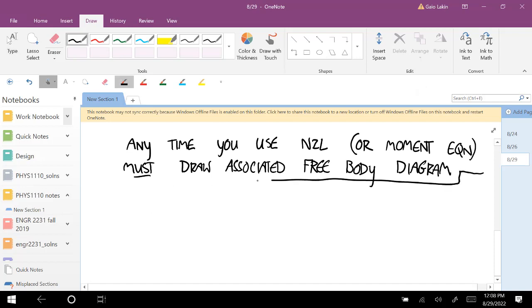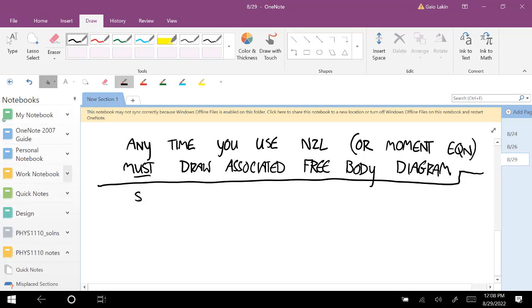Okay, so here are the rules for drawing free body diagrams. General steps for a free body diagram, FBD. The first one is: draw a closed outline of the body you've chosen to isolate.